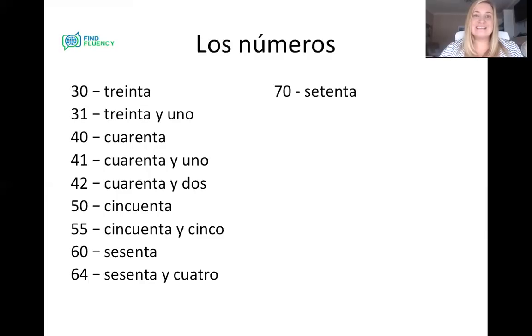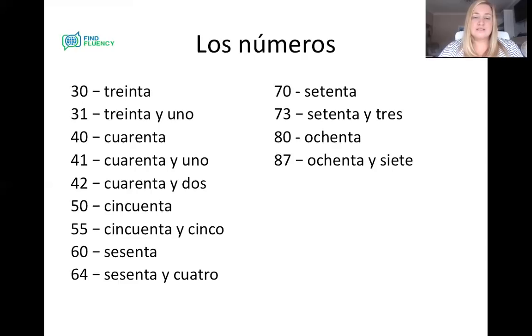70, 70, bit confusing that one, 60 and 70. And then 73, for example, 73, 80, 80, 87, 87, for example. 90, 90, 99, 99.